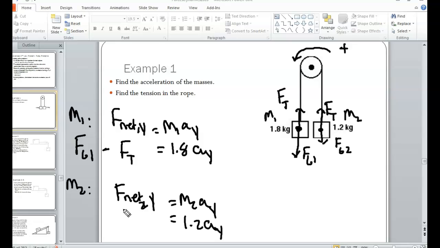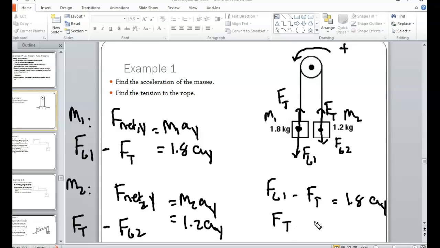So when I do the sum of the forces, the Ft here, which is counterclockwise because it's making the whole system accelerate counterclockwise, is a positive force, and then Fg2 is going to be a negative force. Now, notice what I end up with. I have Fg1 minus Ft equals 1.8 ay, and I have Ft minus Fg2 equals 1.2 ay.